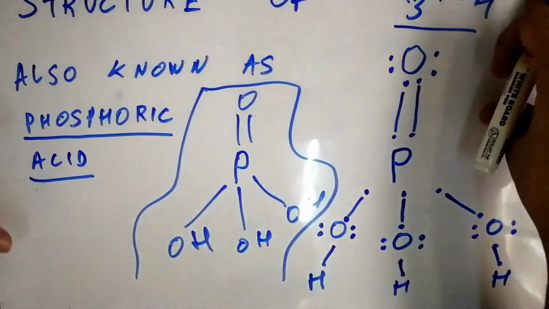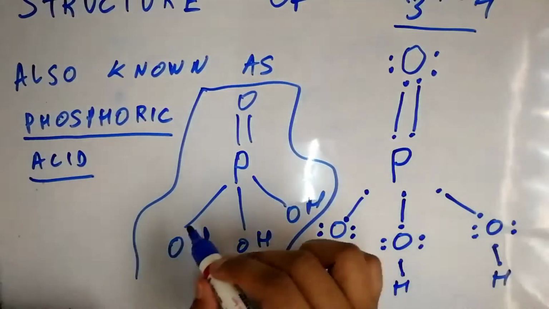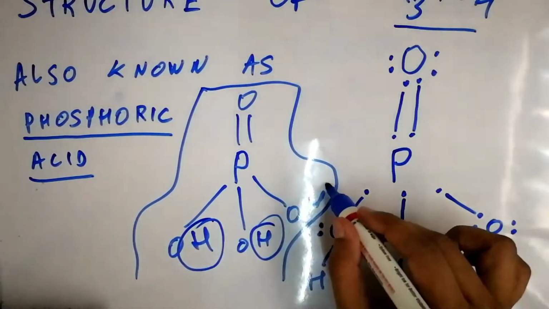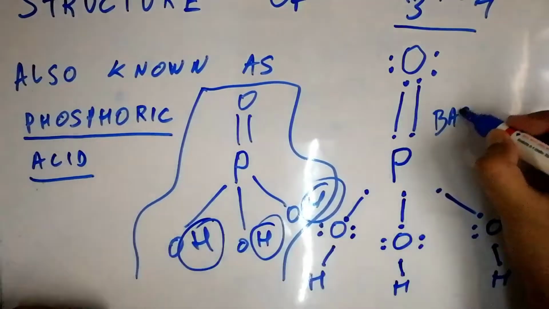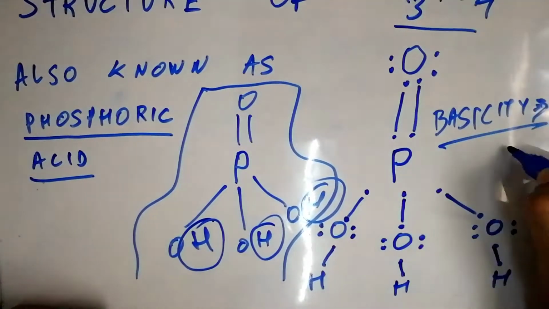H3PO4, also known as phosphoric acid, is an acid, and it can donate this hydrogen ion, this hydrogen ion, and also this one. So its basicity is 3.